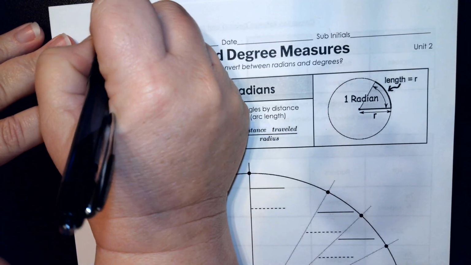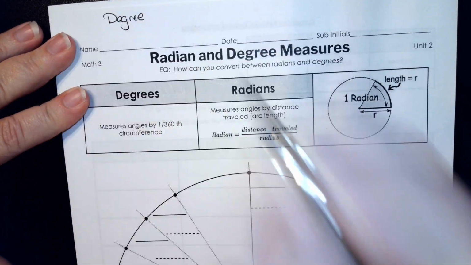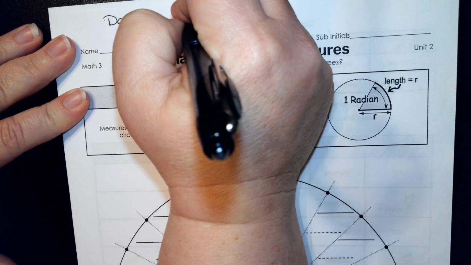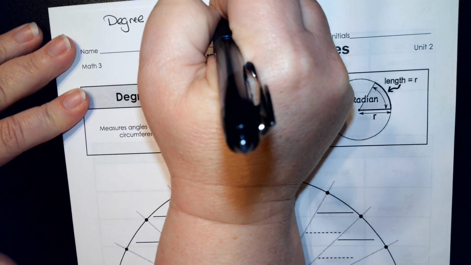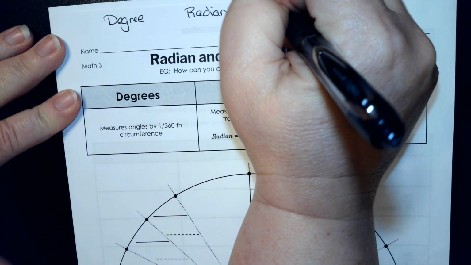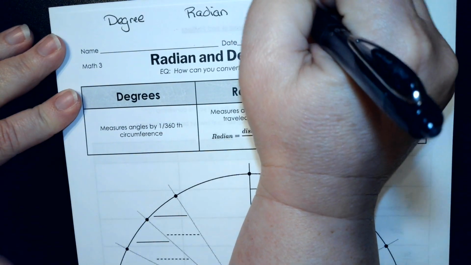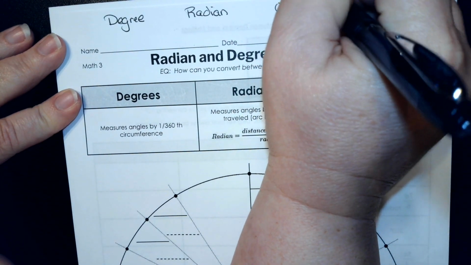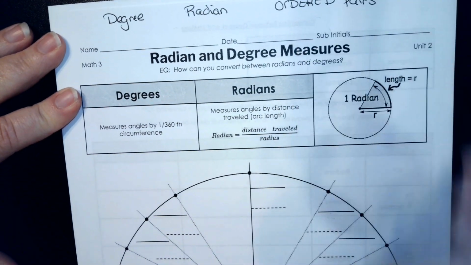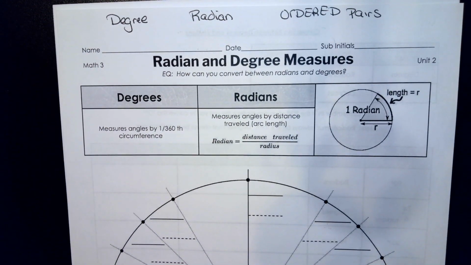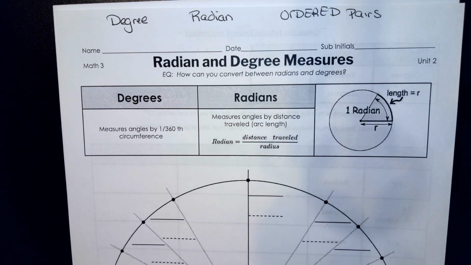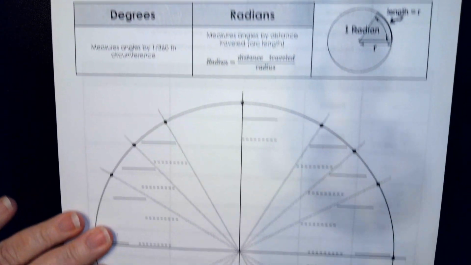We're going to have to be able to determine the degree, find the radian measures, and then find the ordered pairs. Now, the degrees are really easy.